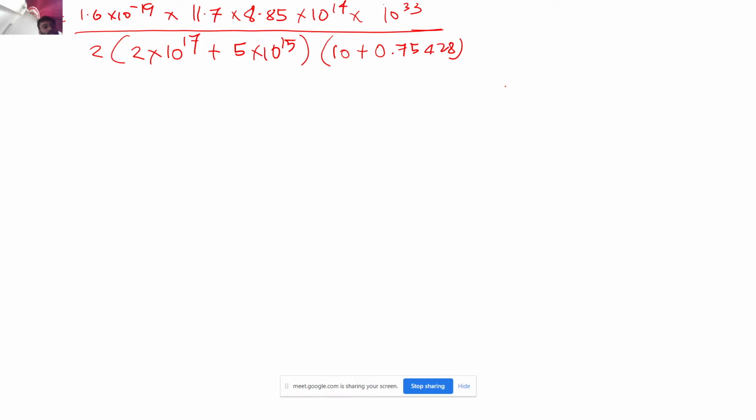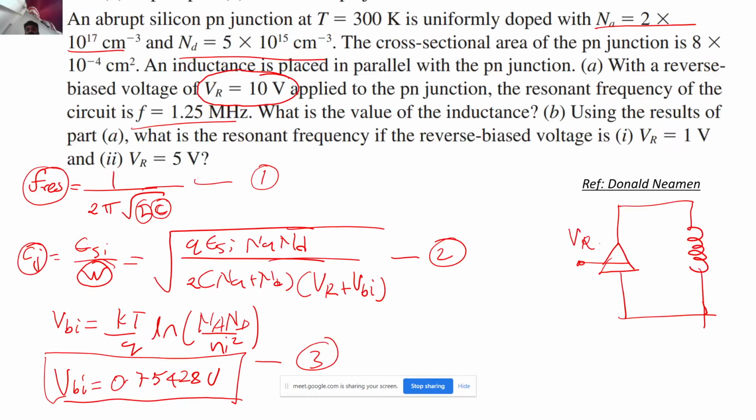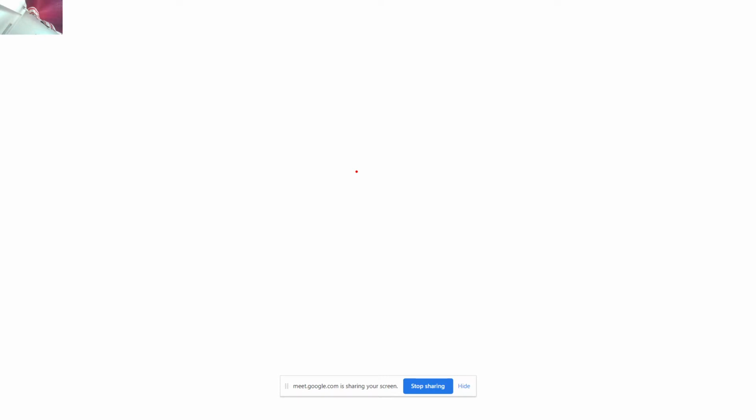Since in the further questions they have also asked me to use VR equal to 1 and VR equal to 5, it's beneficial to calculate the junction capacitance at these values as well. So if you substitute 10 with 1 volt and 5 volts, you will get the following values.